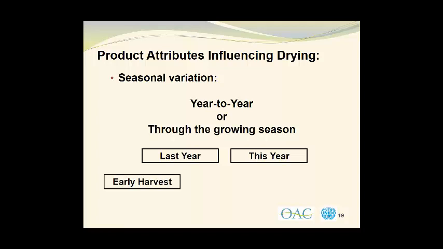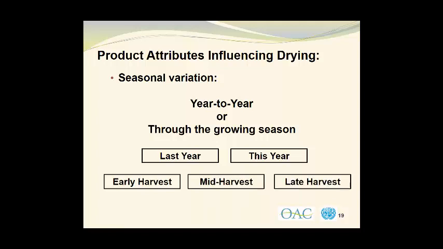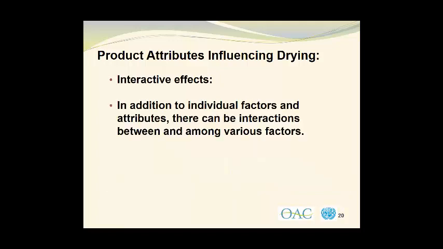If you take a product from the early harvest and compare it to a similar product taken at mid-harvest, their drying properties can be different. And the same thing happens when you compare early harvest or mid-harvest material with that taken late in the growing season. In addition to individual factors and attributes, there can be interactions between and among various factors.